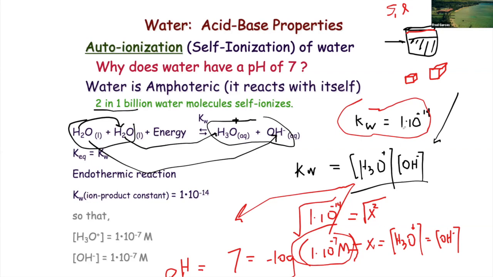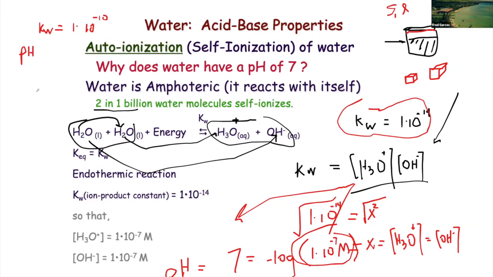So if Kw wasn't 1 times 10 to the minus 14, let's say that we live in a different universe and the Kw is 1 times 10 to the minus 10. Okay, then what do you think the pH will be for that water solution in that universe?